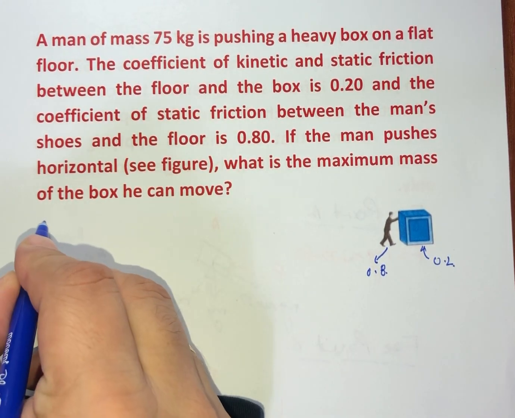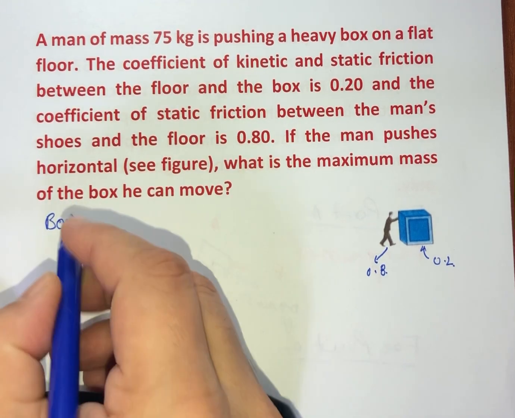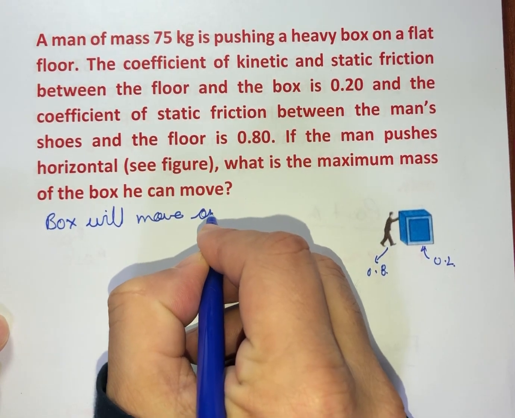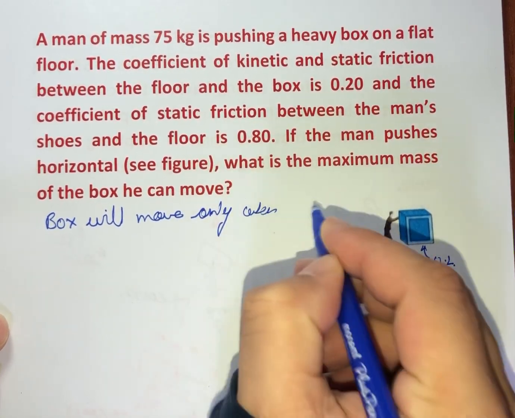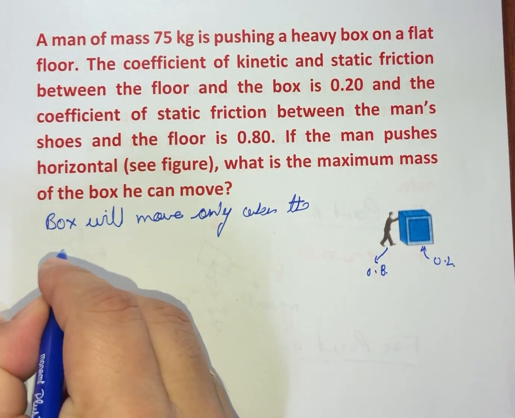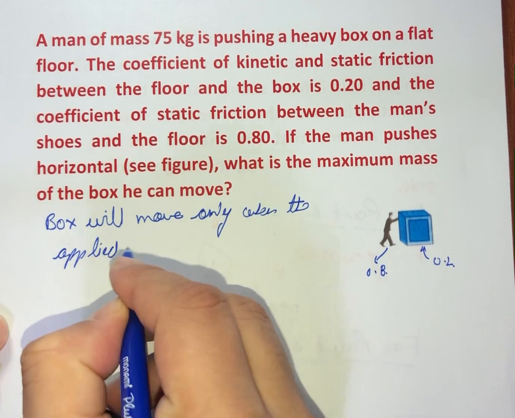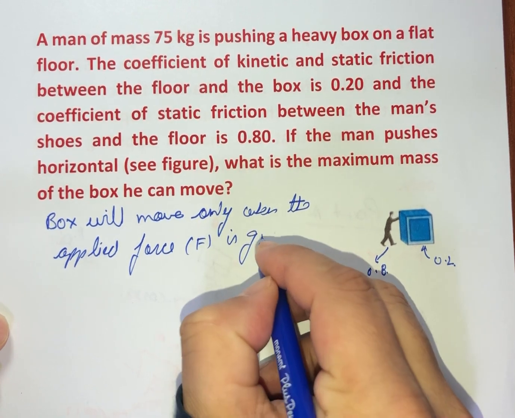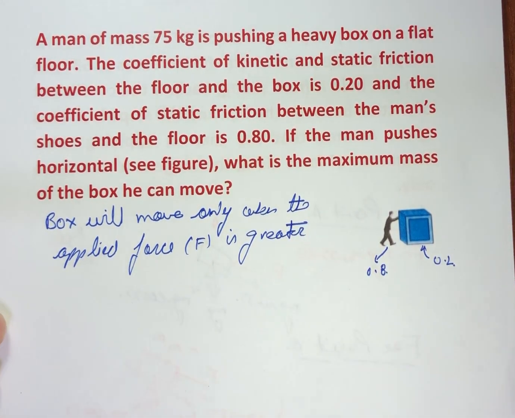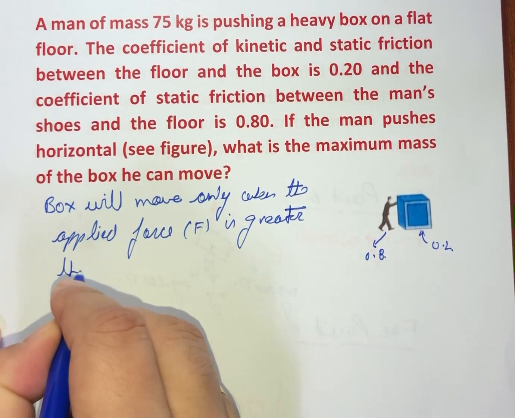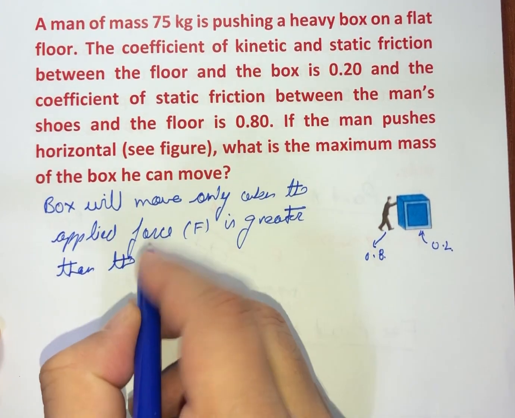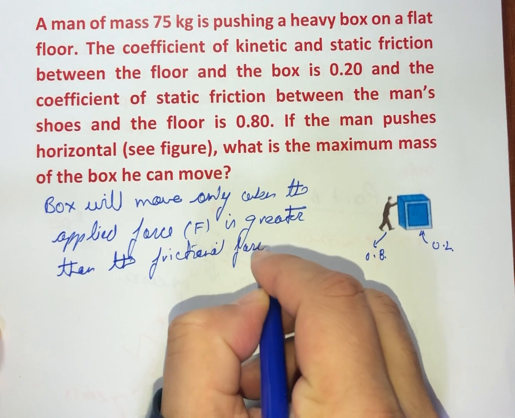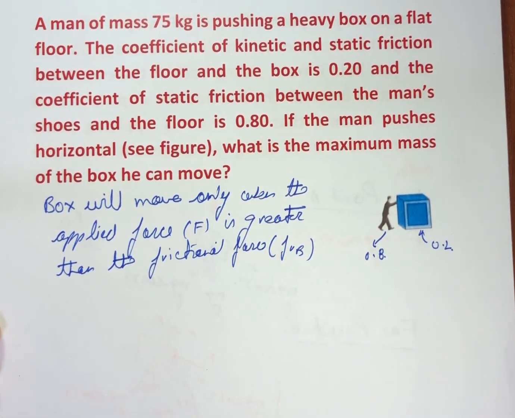Okay, you can say the box will move only when the applied force, let us call it F, is greater than the frictional force. Let us call this FRB in case of the box.